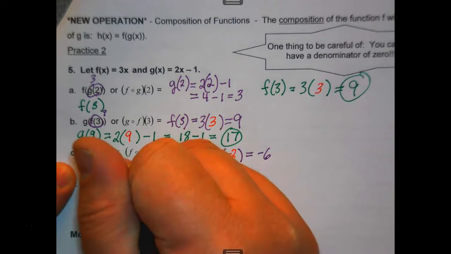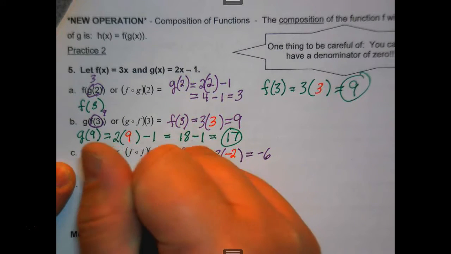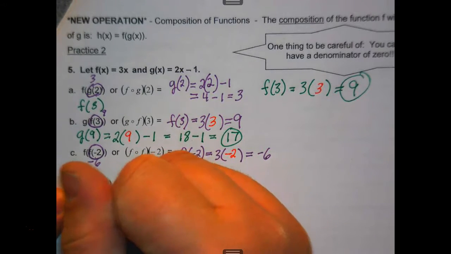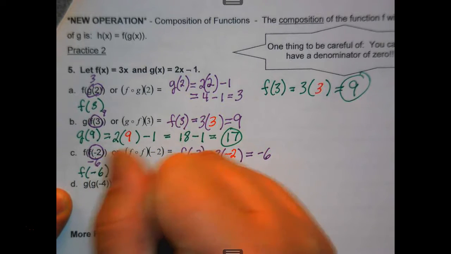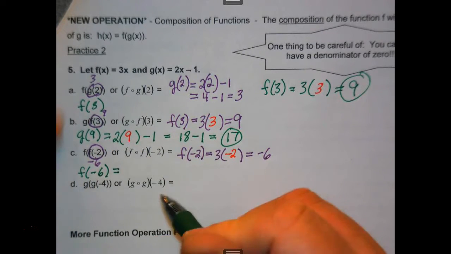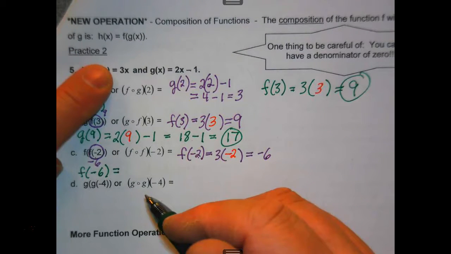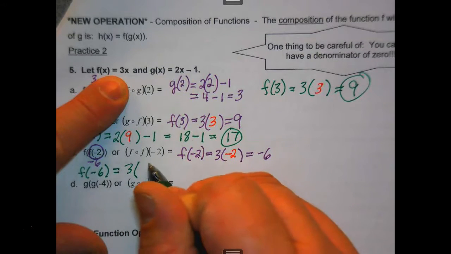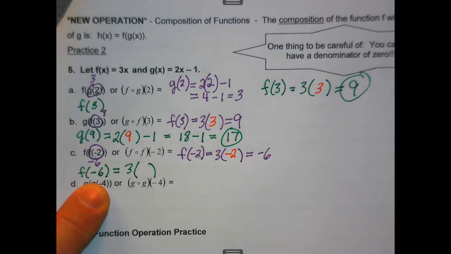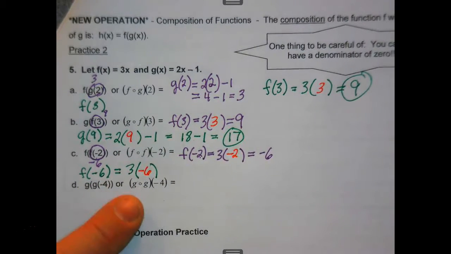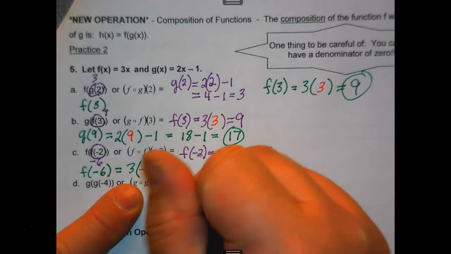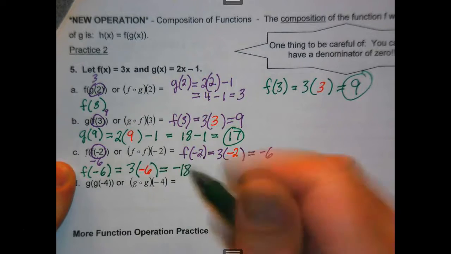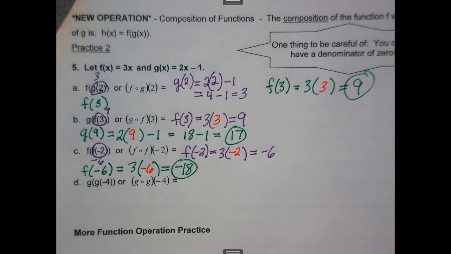So the f of negative 2 is negative 6. So I have to find the f of negative 6. And again, my f function is 3 times x, and again, my x is negative 6. 3 times negative 6 is negative 18. So the f of f of negative 2 equals negative 18.